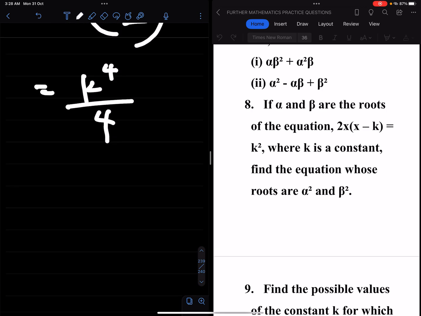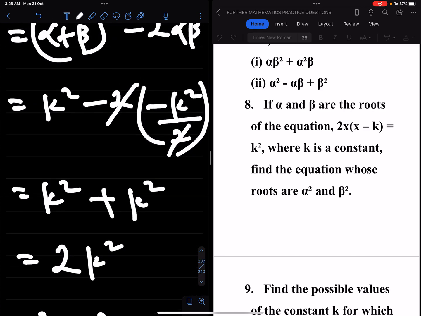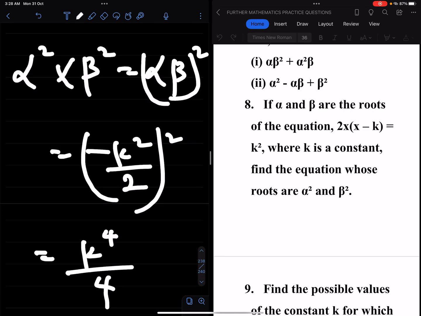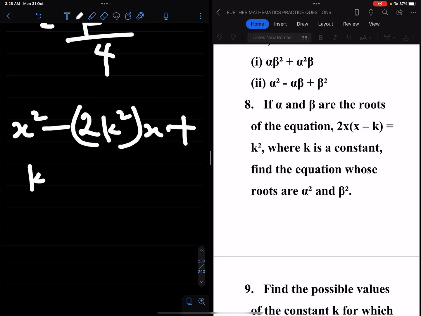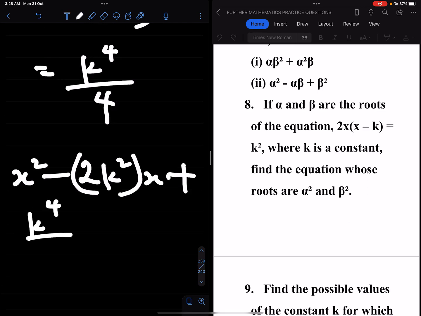Therefore, the equation whose roots are alpha squared and beta squared will now be x squared minus the sum of roots, which is 2k squared, times x plus the product of roots, which is k raised to power 4 over 4, equals 0.